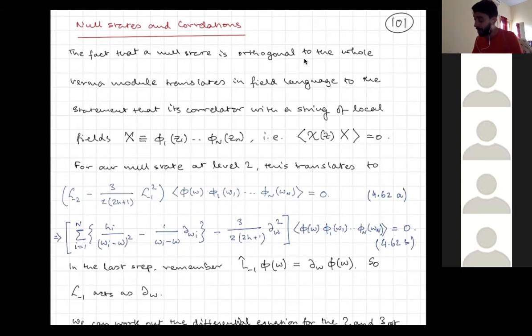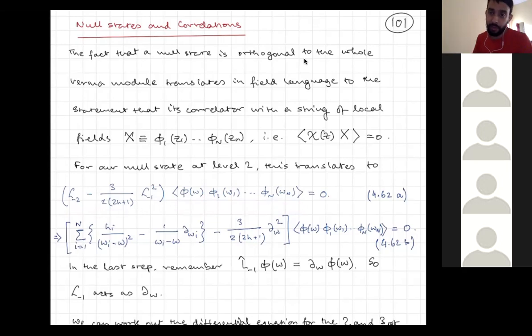So by our previous arguments, the correlation function of chi with all of these phi's is going to be equal to this particular operator acting on this n plus 1 point correlation function. Okay, phi i's are all primary, that we saw before.